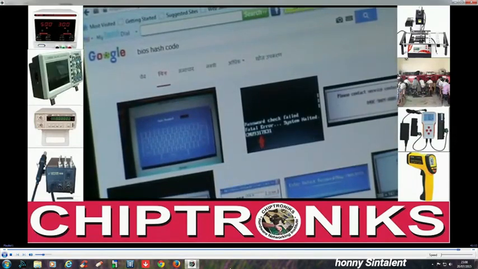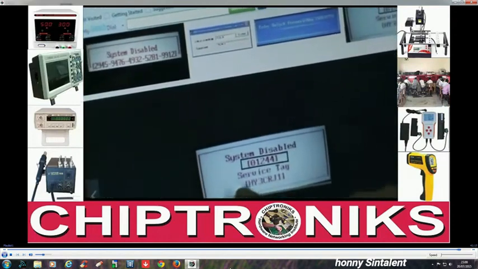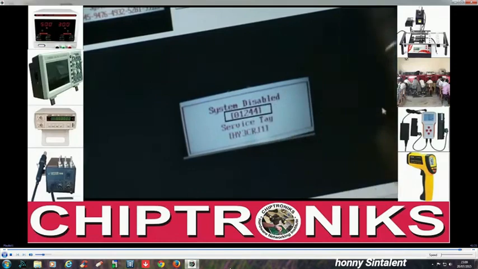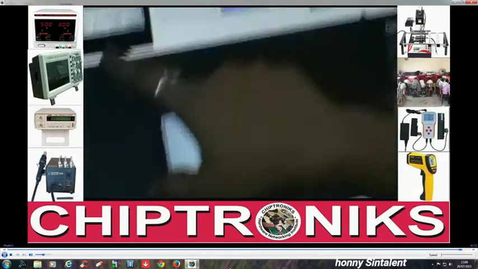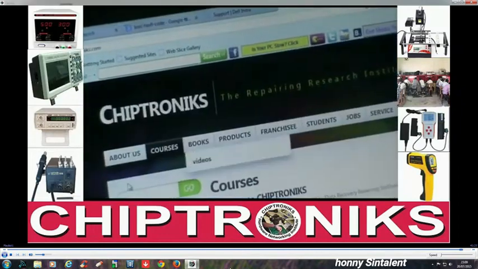This type of different hash codes is generated by the BIOS. Here I will show you.